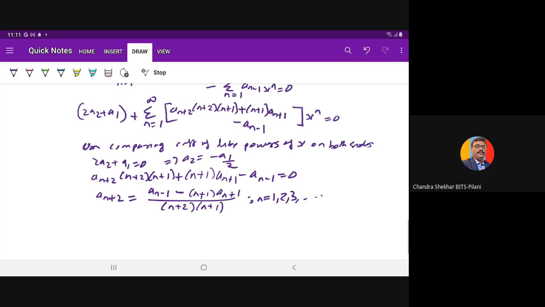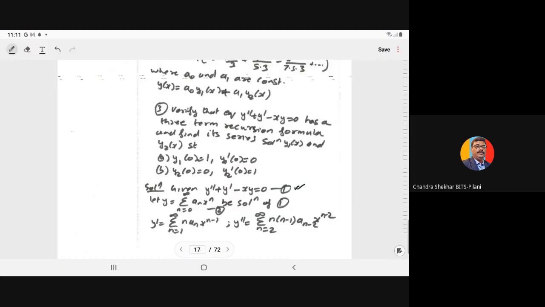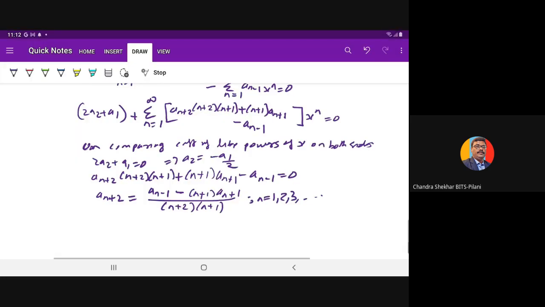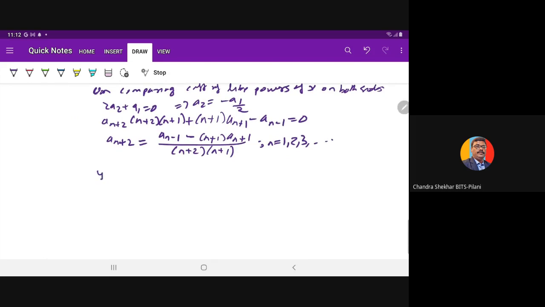Now afterward in this question, it is given to you, find its series solutions y1(x) and y2(x) such that y1 at 0 is equal to 1, y1 dash at 0 is equal to 0. So what we have assumed, y is equal to what?